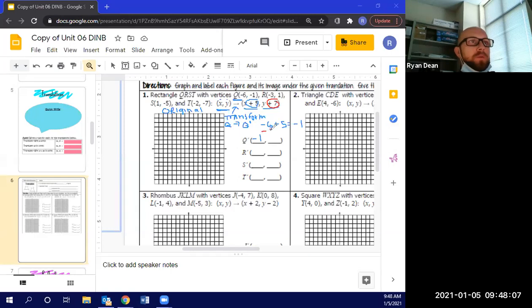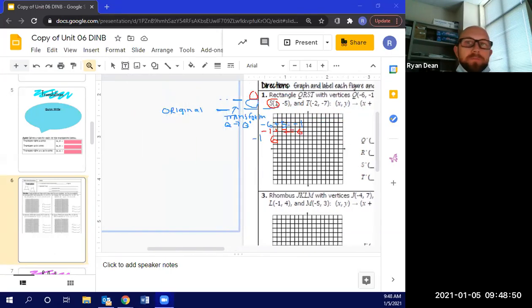So I take -1, because that's the Y value for the original Q, and then I'm adding 7. So -1 plus 7 gives me a +6. Now these numbers here are telling you which direction the shape is going in. So if I ask you what the translation is, and I only give you the numbers, you would say that this one went to the right 5 and up 7.